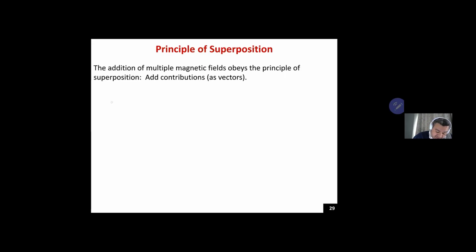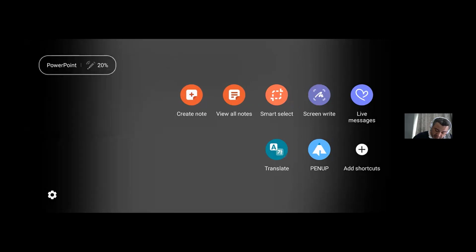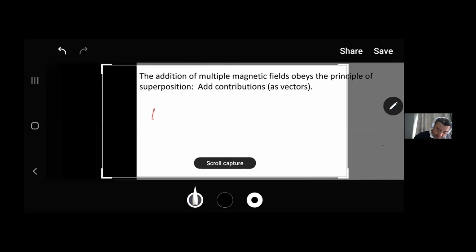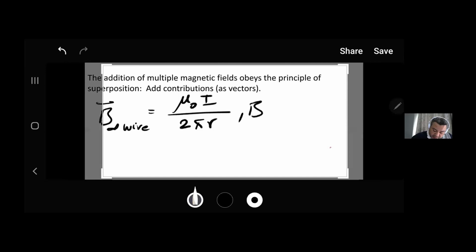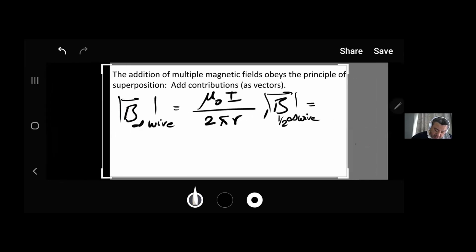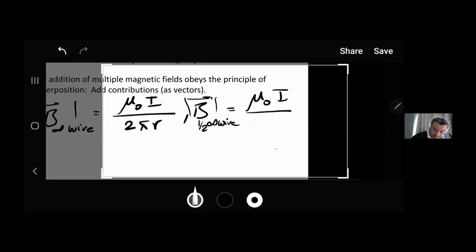So in this case, if I said the magnetic field for an infinite wire was mu naught I over 2 pi r, and then the magnetic field for a half infinite wire as mu naught I over 4 pi r.